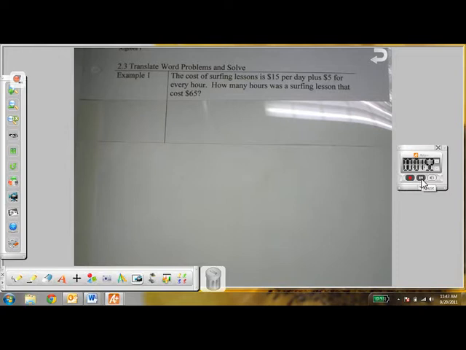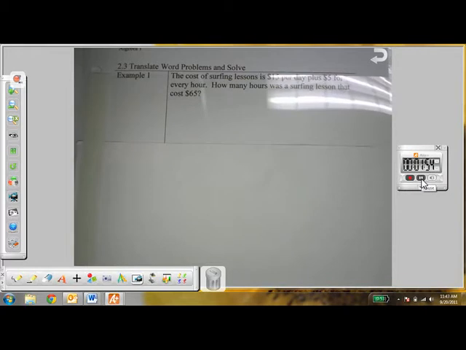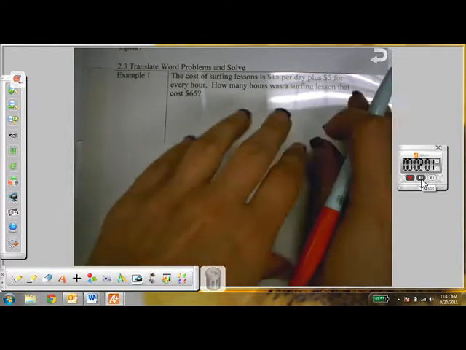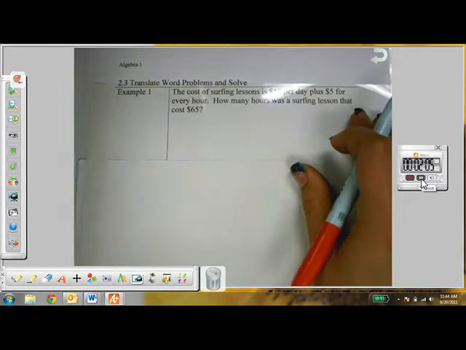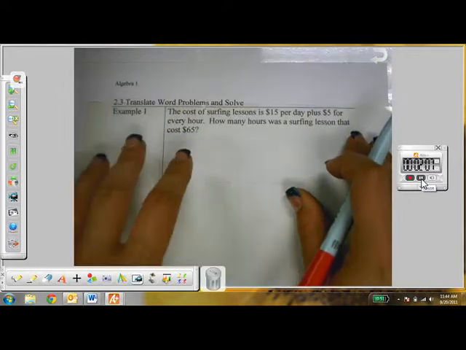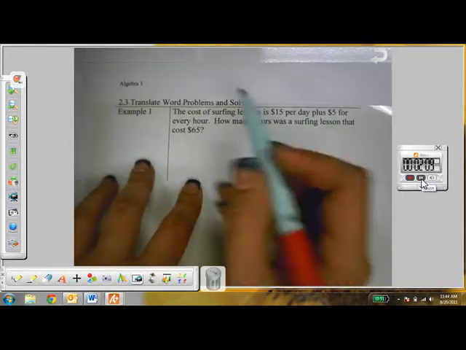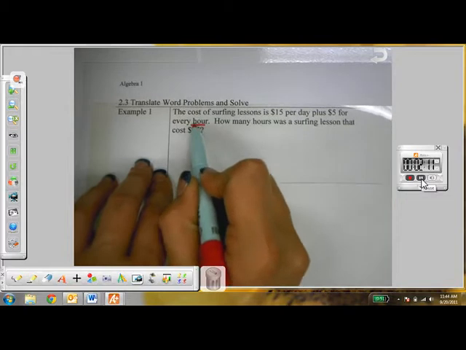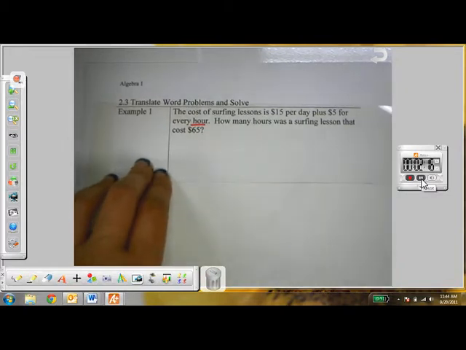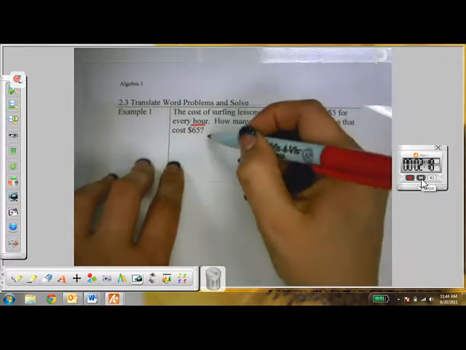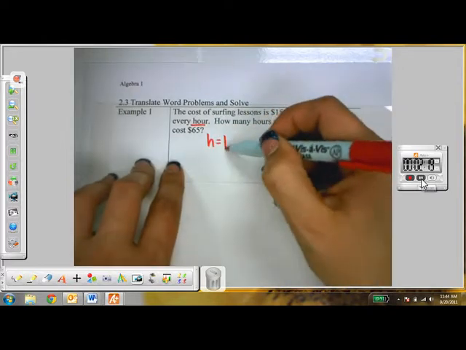Okay guys, the first thing that we want to do in word problems is identify what our variable is. What is the thing that can change in this problem? The number of hours that you have your lesson. So we're going to let H equal hours.